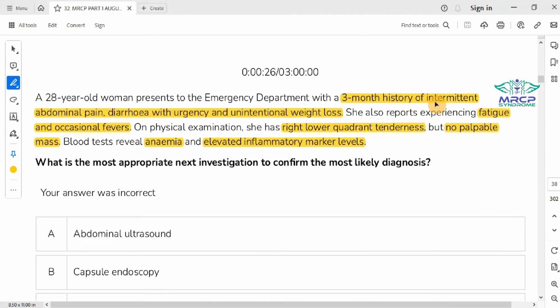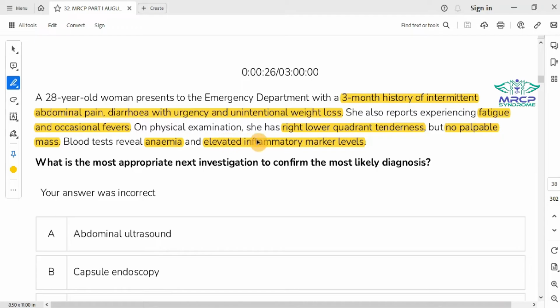This patient comes with intermittent abdominal pain and diarrhea associated with urgency. There are also features of fatigue as well as weight loss. The right lower quadrant tenderness possibly suggests terminal ileum involvement, which is one of the commonest sites for Crohn's disease. Anemia can be explained by chronic inflammation or malabsorption of either iron or vitamin B12.